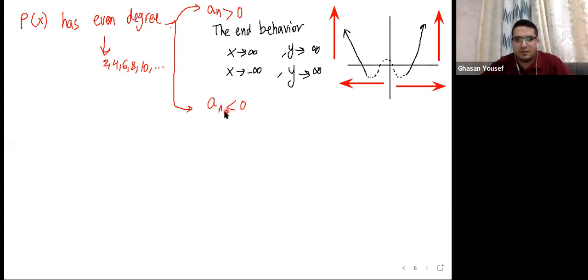Okay, now this is for the small one. Yeah, this is for x going to positive infinity, and this is going to minus infinity.